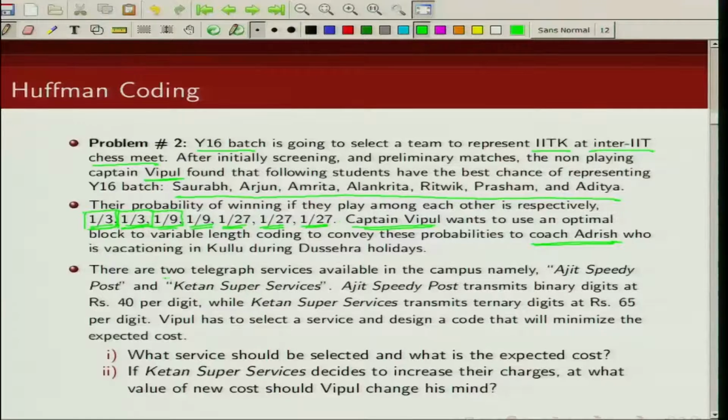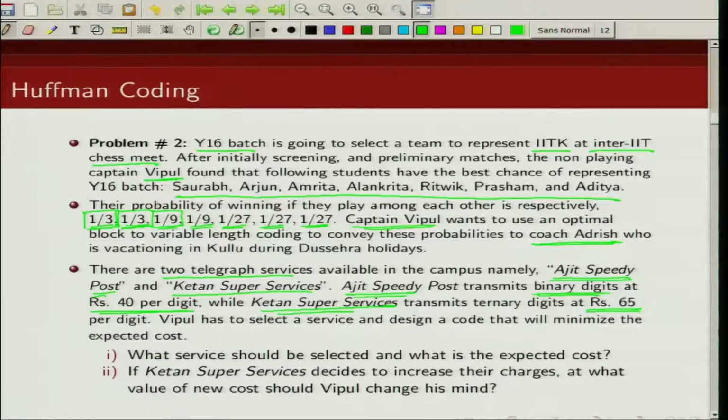Now there are 2 telegraph services in the campus. One is known as Ajit Speedy Post and the other is Ketan Super Services. Ajit Speedy Post transmits binary bits, and it charges 40 rupees per binary bit, whereas Ketan Super Services charges 65 rupees per digit. Now Vipul has to select one of these telegraph services.